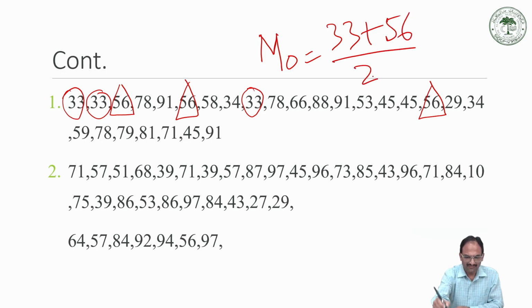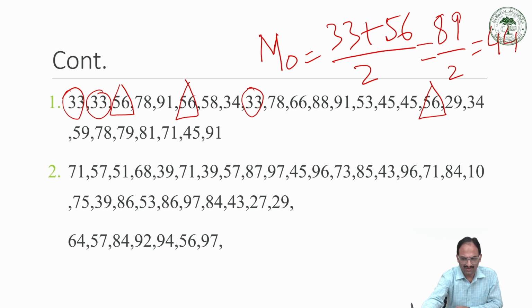That is, you will find the sum of 33 and 56 and divide it by 2. So it will be 89, 89 divided by 2. So finally it is 44.5. So 44.5 is the mode of this particular distribution which you were just studying.